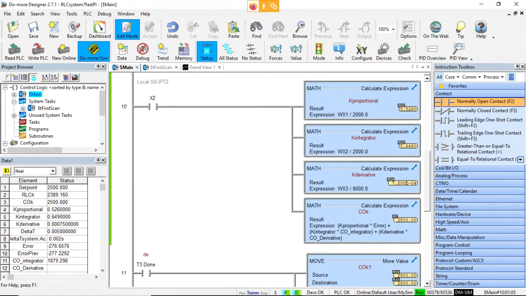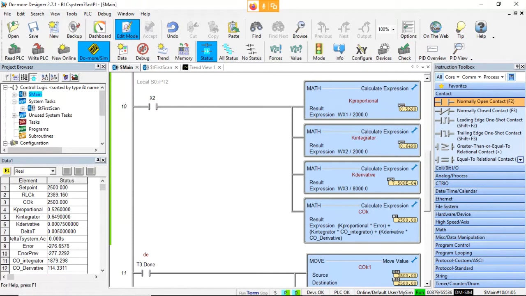So in that case, I'm using the third analog input, but I'm dividing it by 8,000. So the highest possible gain I could get out of that would be about 0.5.